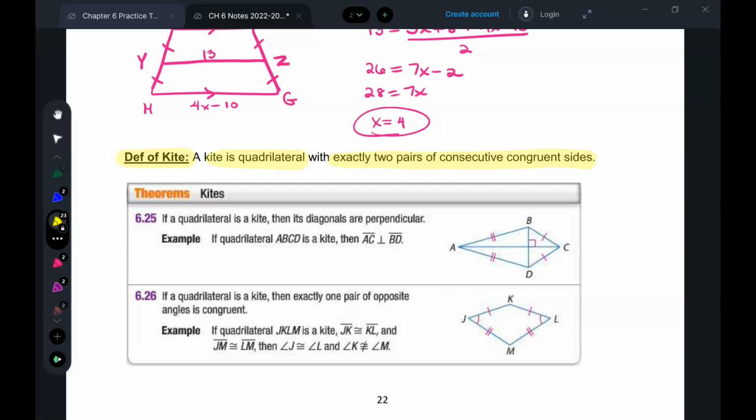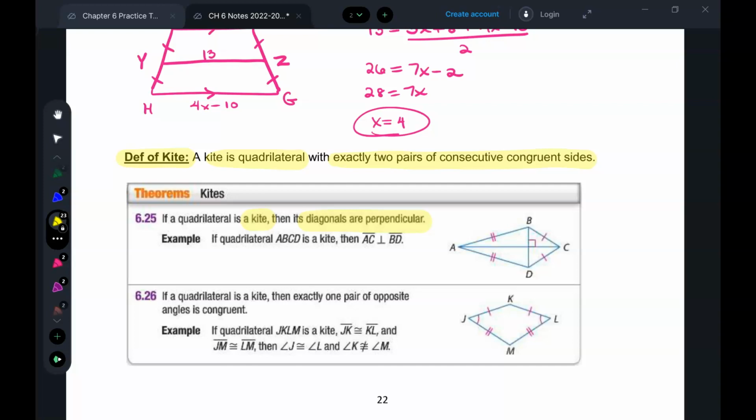One of our theorems with a kite is that the diagonals are perpendicular. So just like a rhombus, just like a square, a kite also has perpendicular diagonals. That's where it stops. There's no parallelogram here. There's no parallel sides.